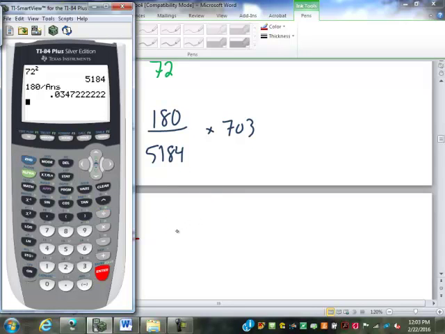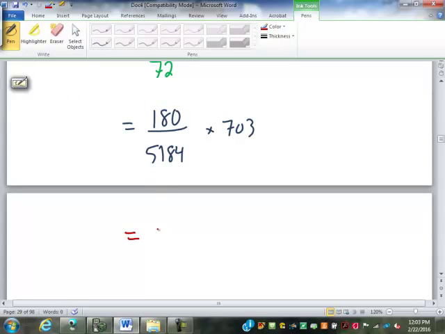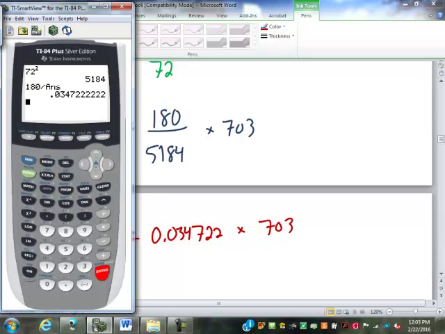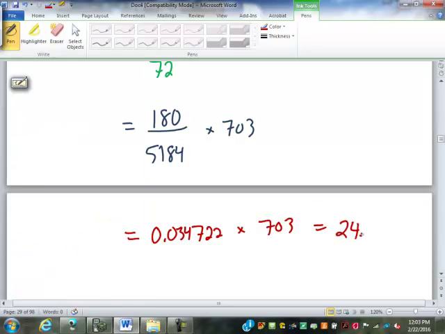You get 0.03472 times the 703. Again, I'm not going to clear my calculator and punch it in. I'm going to leave it in my calculator and just multiply it times 703, so I avoid round-off errors. You get 24.40941. That's a body mass index of 24.41.